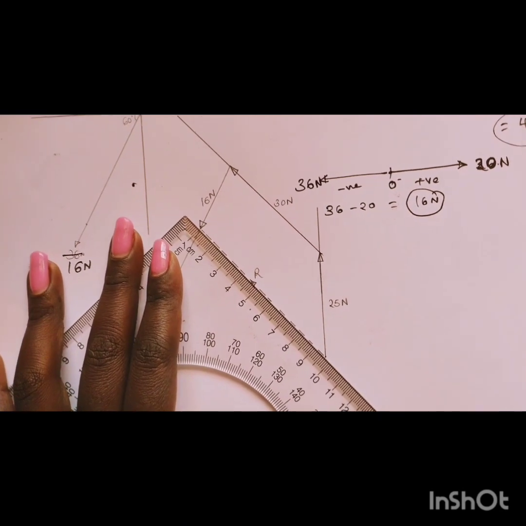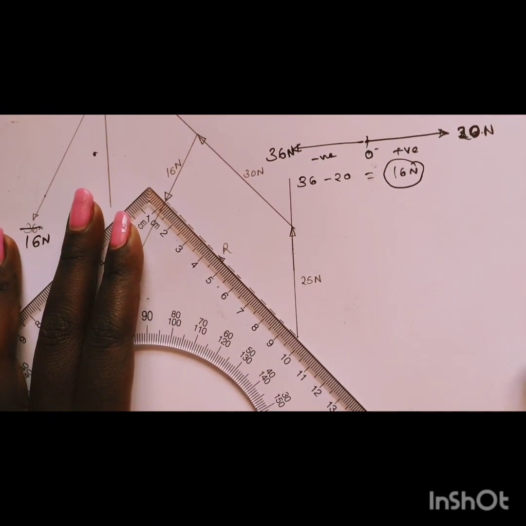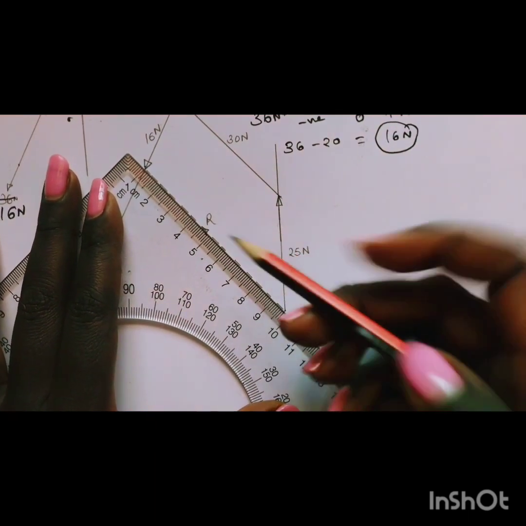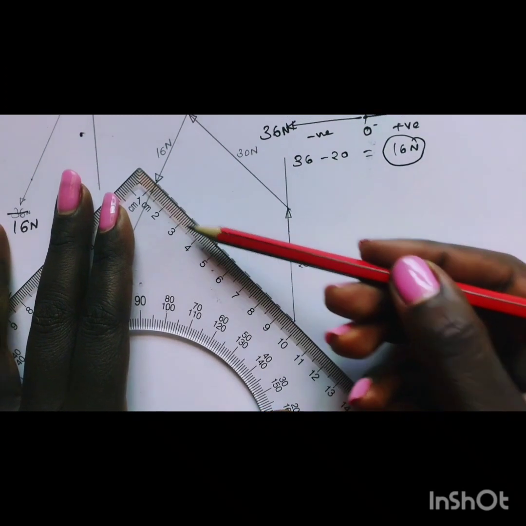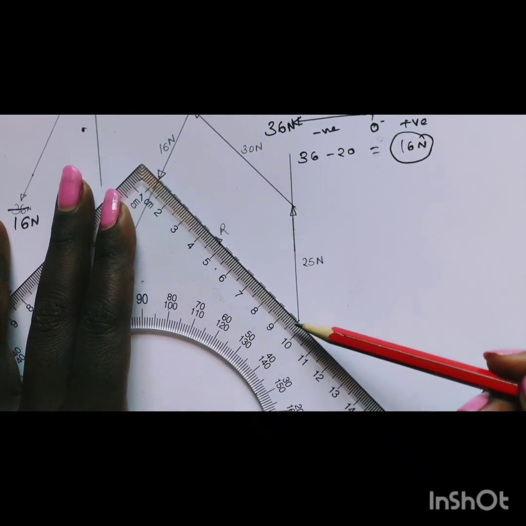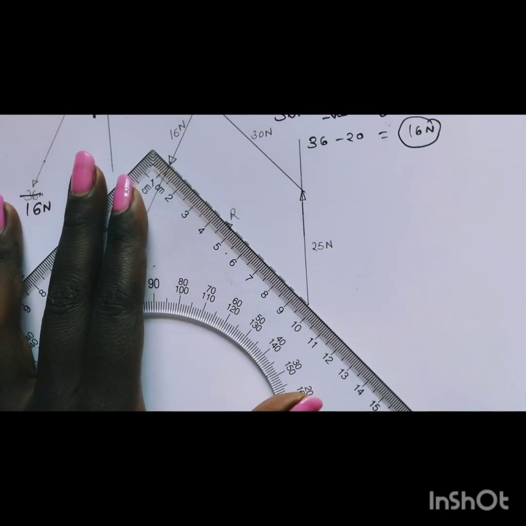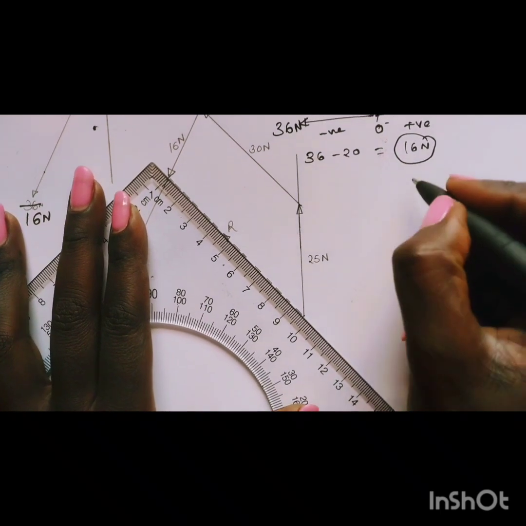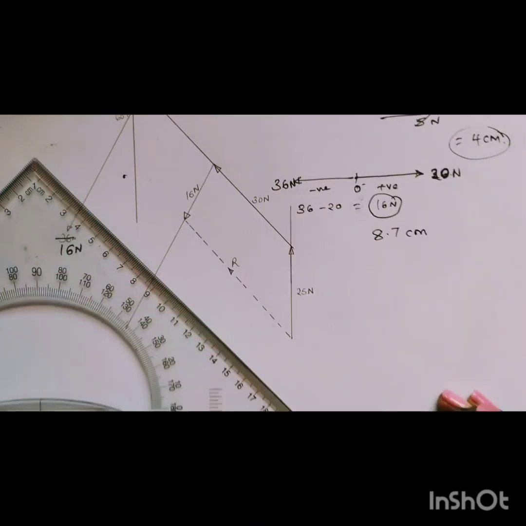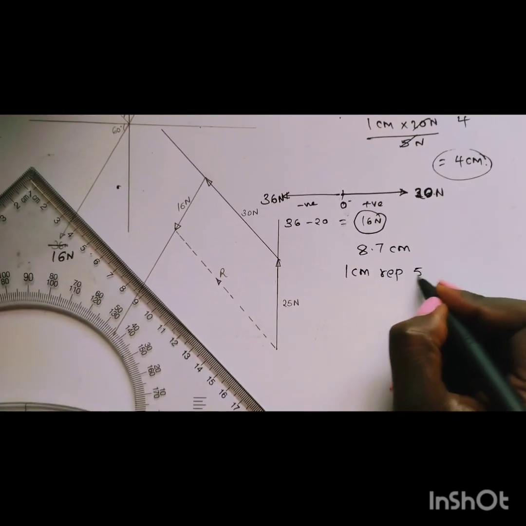So I'm having 8.2. Let's be very accurate. So this is 1, 2, 3, 4, 5, 6, 7, 8. Oh, 0.5, 6, and 7. So it's 8.7 from our reading. So 8.7 centimeters. And our scale initially, we were using 1 centimeter to represent 5 newtons.